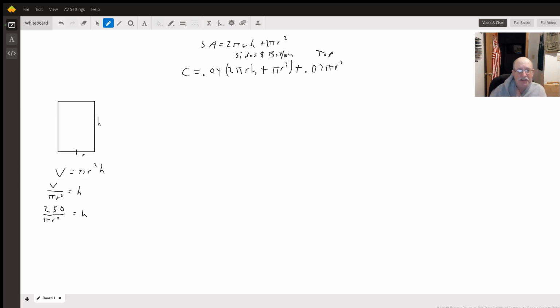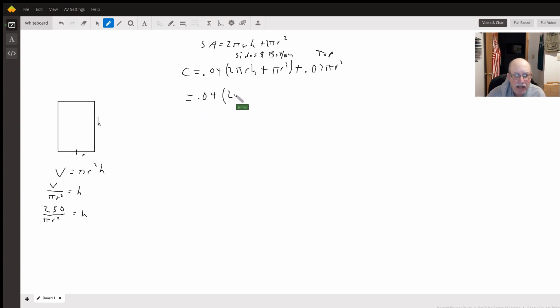So the cost of this thing is going to be 4 cents, 0.04, times the surface area, that's the area of the sides, plus the area of the bottom. So we get 0.04 times 2 pi rh plus pi r squared, plus the cost of the top, which is 0.07 pi r squared.